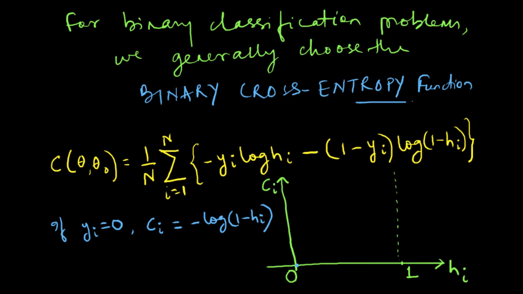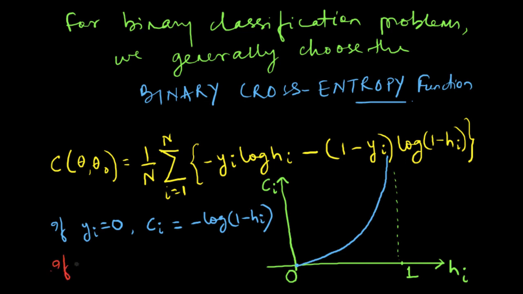When hi is equal to 1, 1 minus 1 becomes close to 0, so the log becomes closer to minus infinity, and the negative of that becomes close to plus infinity. So as hi gets closer to 1, this ci increases to infinity.